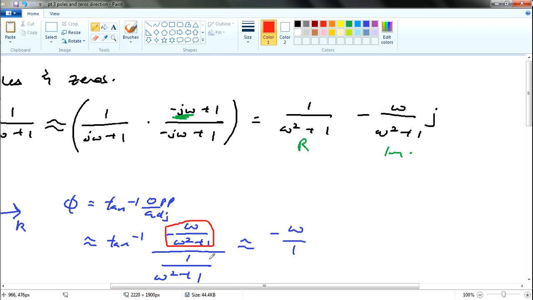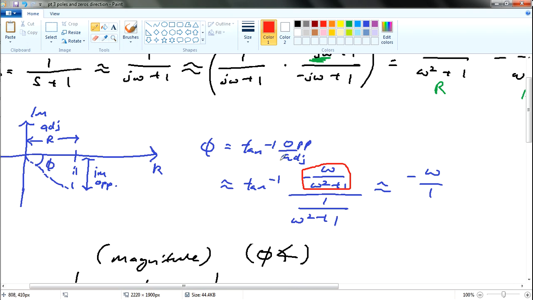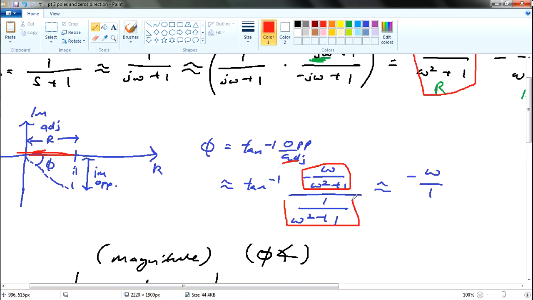This is the opposite, the imaginary one, and then the adjacent is simply the real axis. So I take this value over here and put it over here. This is opposite, this is adjacent, this is the imaginary, and this is the real.